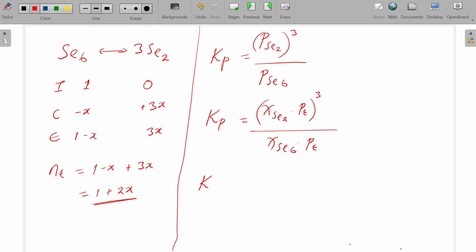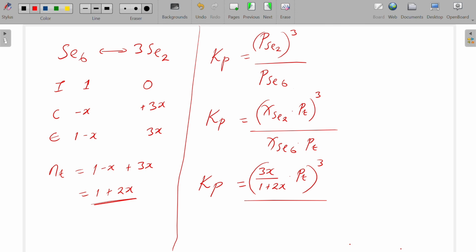This will proceed to be our Kp, equal to the mole fraction of Se2, which is its number of moles, 3x at equilibrium, divided by the total number of moles, 1 plus 2x. This whole thing multiplies by Pt, then we give the power of 3 to it.